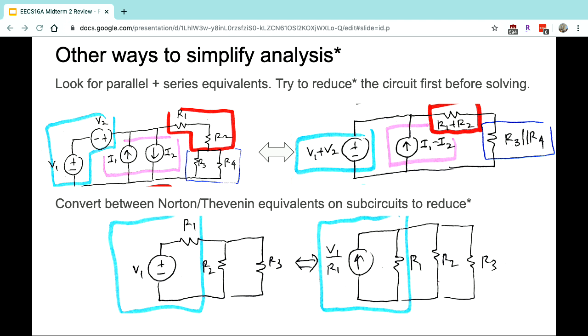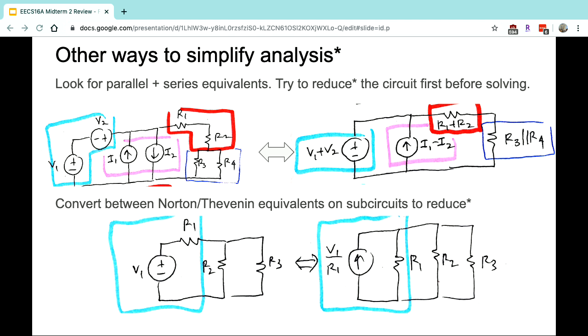If I take two current sources in parallel, I can also combine those and add them together, so I'll get I1 minus I2. The red one shows two resistors in series and two resistors in parallel. By doing this, you can reduce all the nodes you need in order to solve it, and this makes things a lot easier.